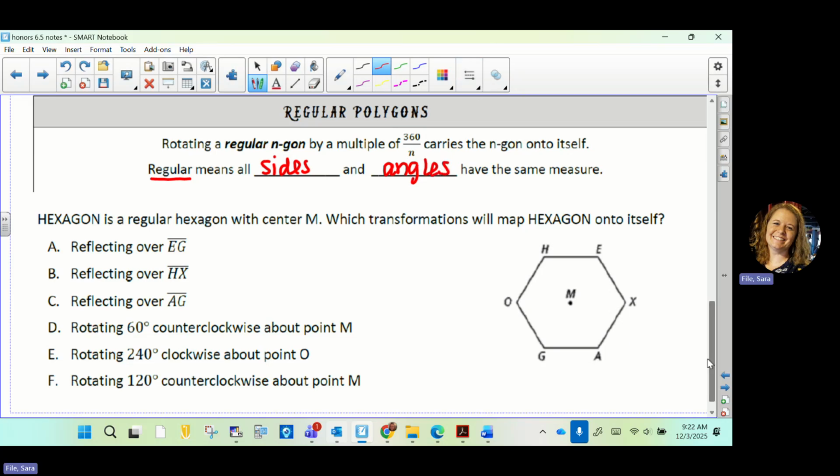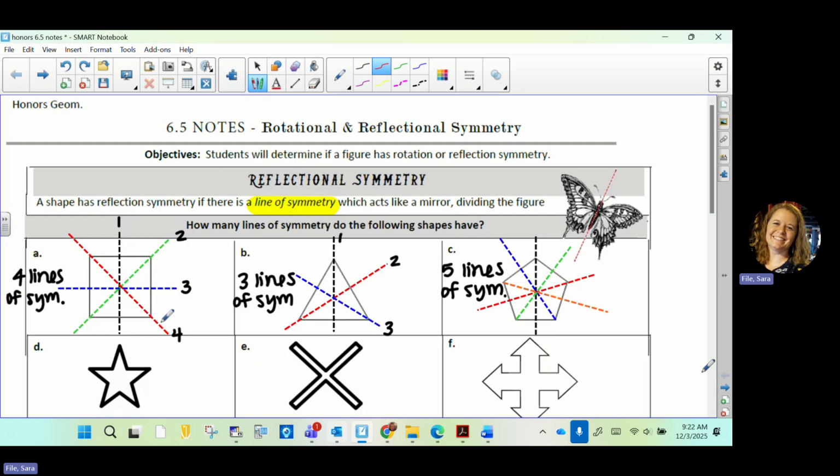So not all quadrilaterals are regular. A quadrilateral means 4 sides. I could have a rectangle. A rectangle is not regular because 2 of the sides are longer than the other 2, right? I could have a parallelogram, and that's not regular because not all 4 angles are equal. Are y'all following?